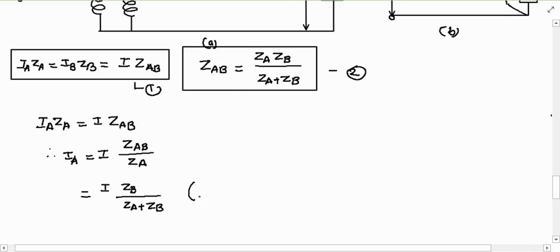Here put ZAB from equation 2 in the above equation. Then we will get this.